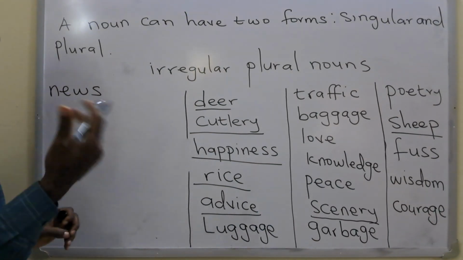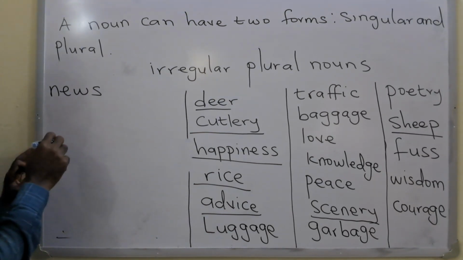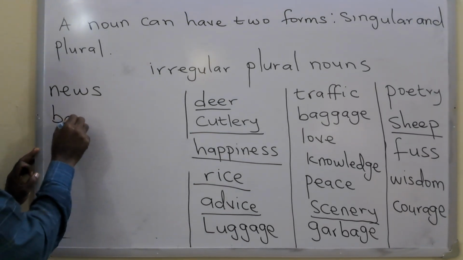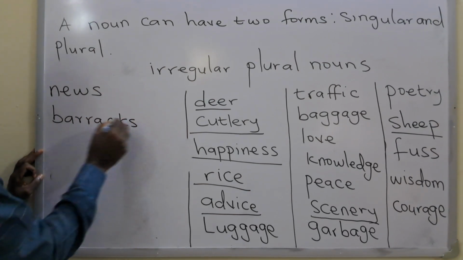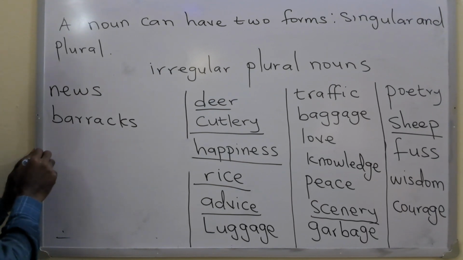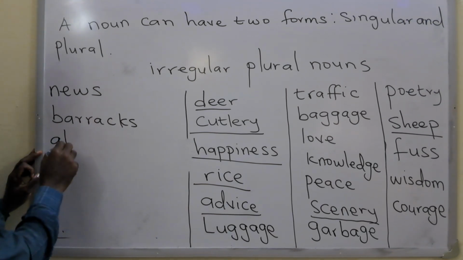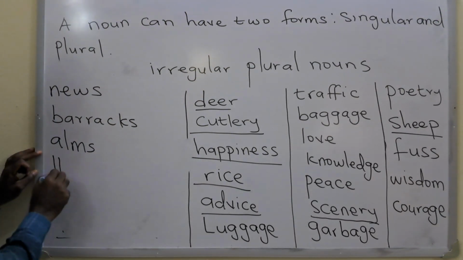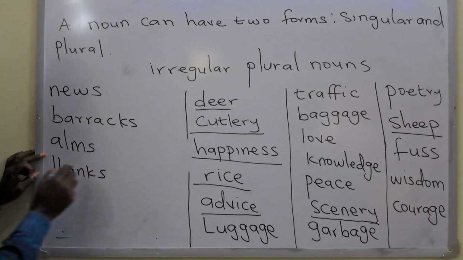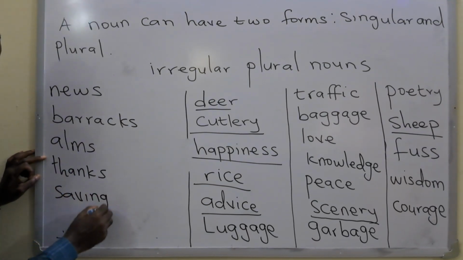So you can have items of news. It's always news. Barracks. You have headquarters or arms. Yeah, you have arms. You have thanks. You have savings.